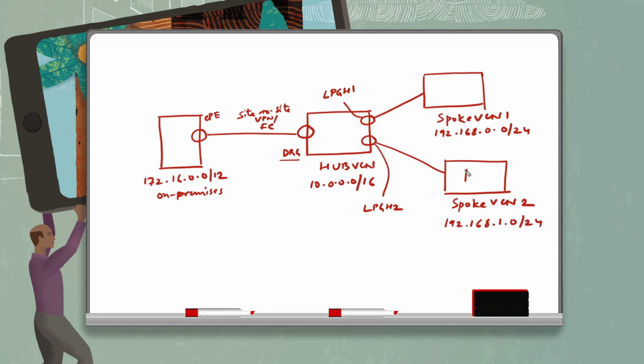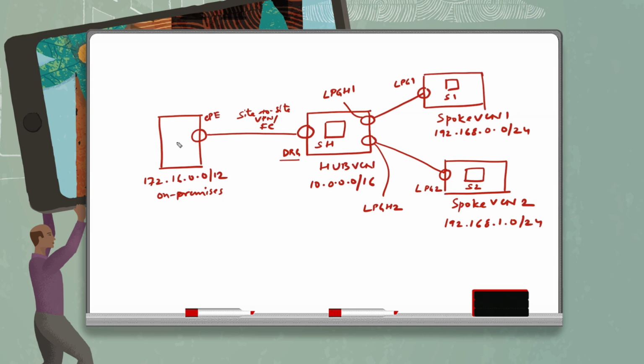And inside this, we have a subnet 2. Inside this, we have subnet 1. And inside this hub VCN, we have subnet H. There is also this local peering gateway here. I will just call it LPG1, and here it's LPG2. Okay, so this is the setup.